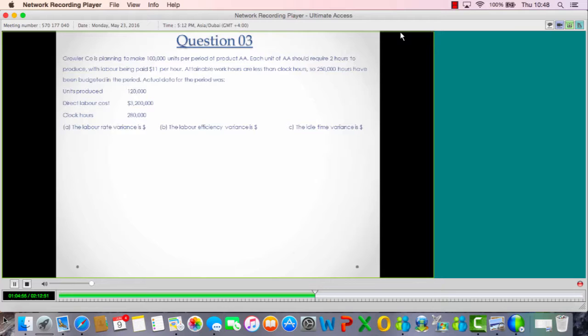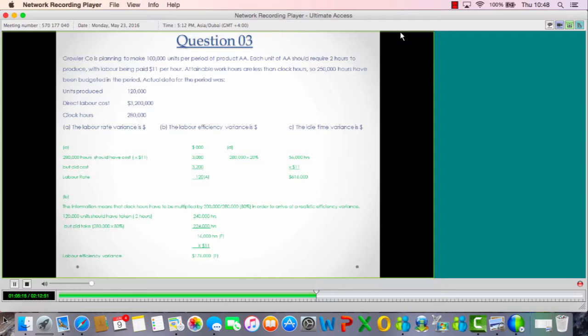They haven't given you the actual data for idle time, so you need to assume that the budgeted efficiency rate would remain the same. So I'll give you the answer. Look at the B part.